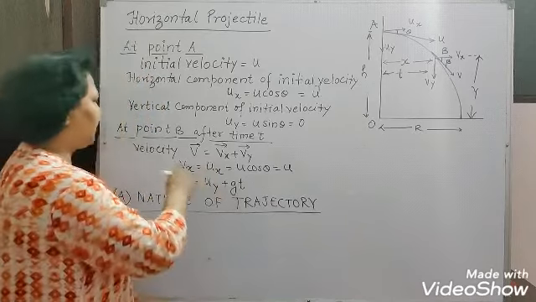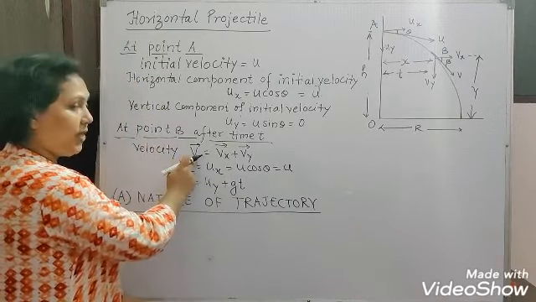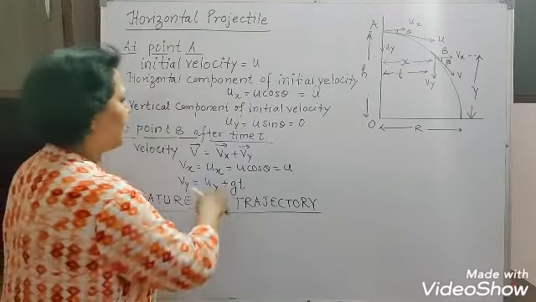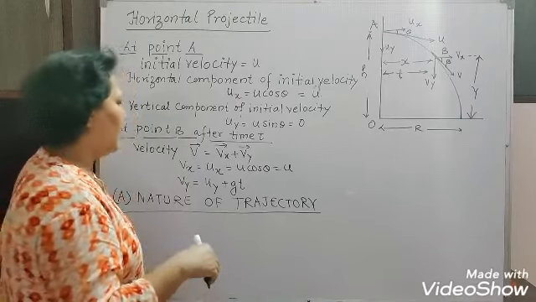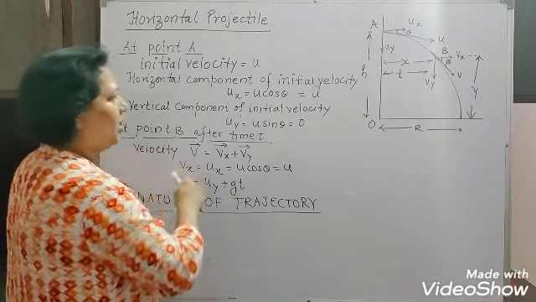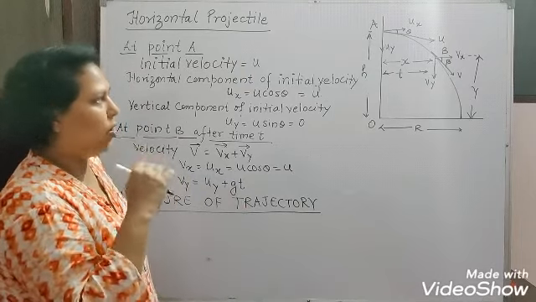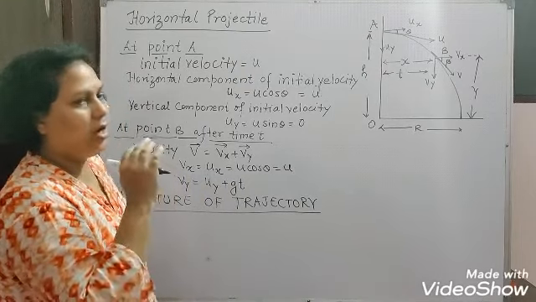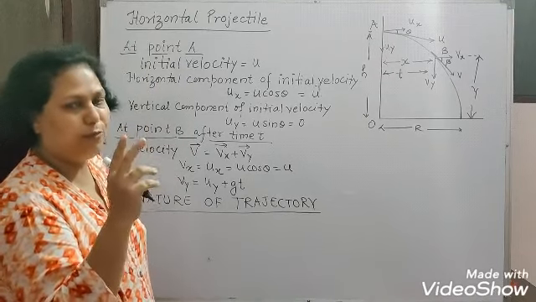That means at point B, after time t, the velocity is v, which is the vector sum of Vx and Vy, the horizontal component and the vertical component. Already you know that projectile motion is the combination of two types of motion.